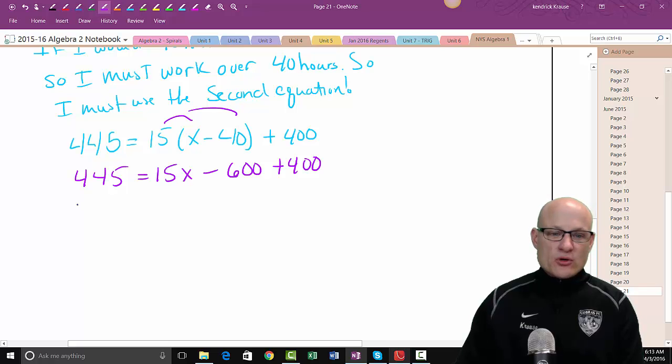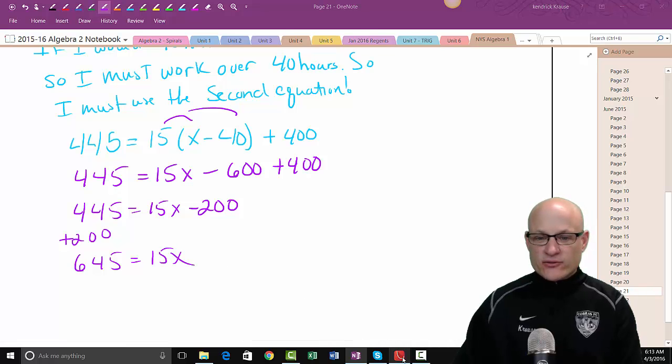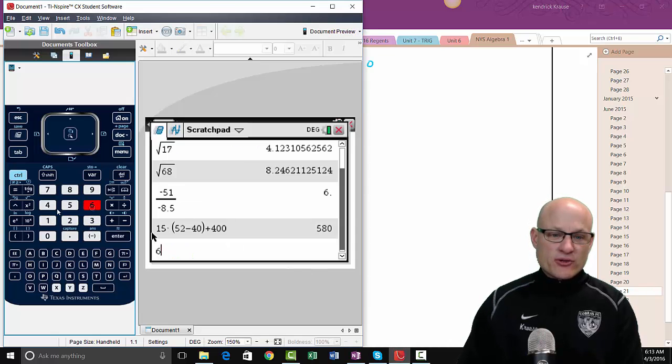So I get 445 equals 15x minus 200. I'll add the 200 over, and I get 645 is equal to 15x. I know the answer, but let me just make sure I did the right math.